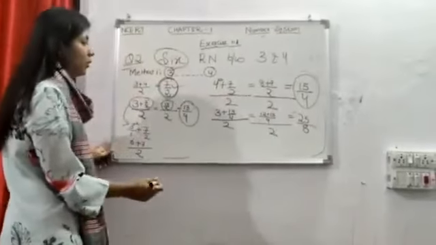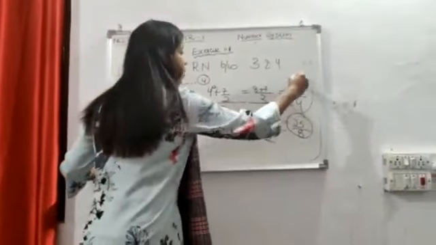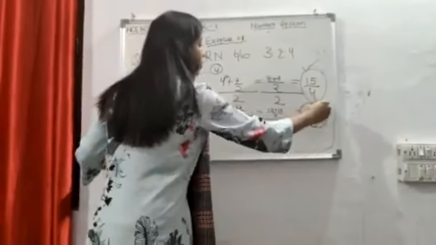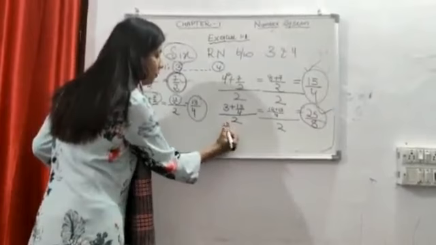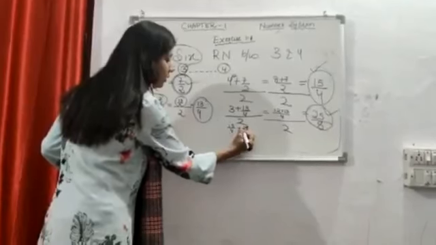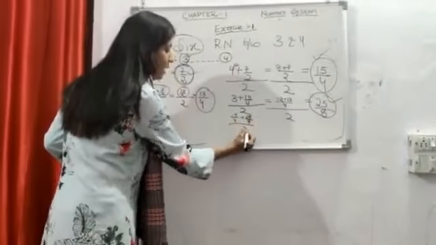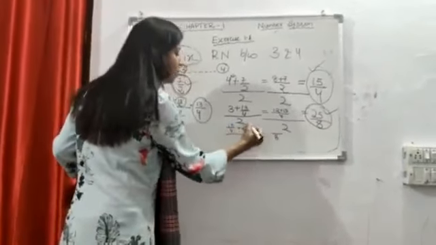The next number: we can take any combination. Suppose I take the combination 15 by 4 and 25 by 8. So here I will write 15 by 4 plus 25 by 8 and find its mean. So the LCM is 8, since 4 times 2 is 8.